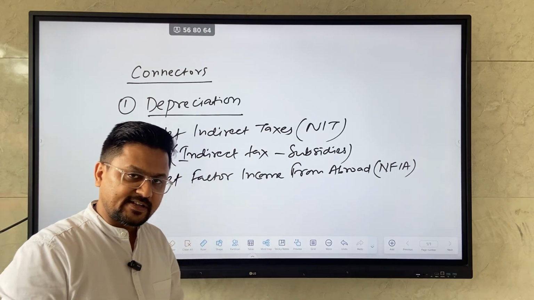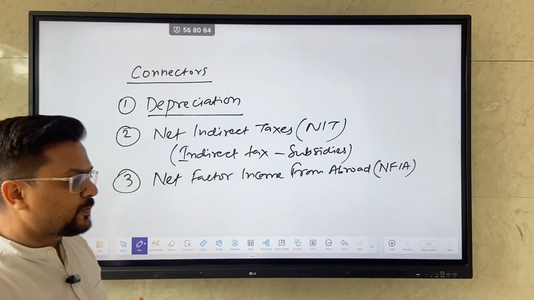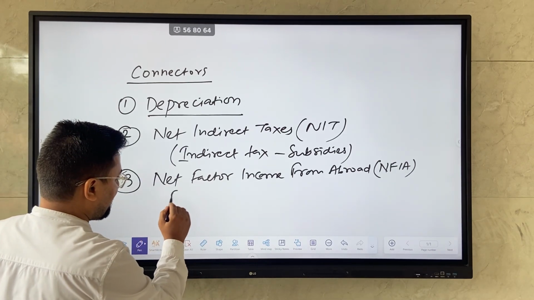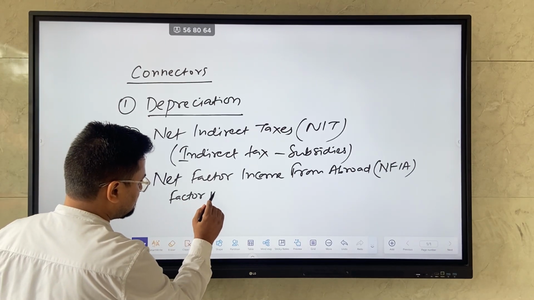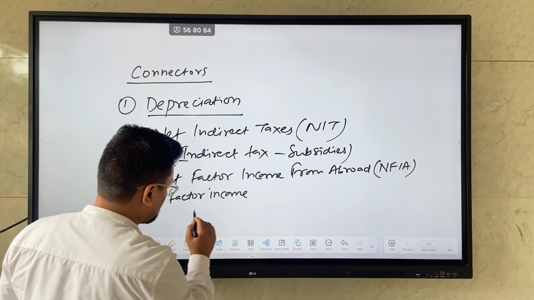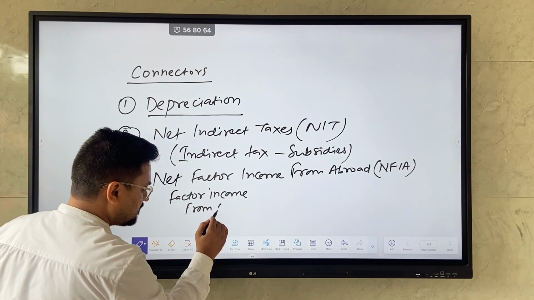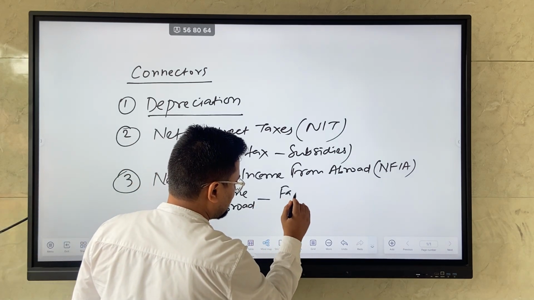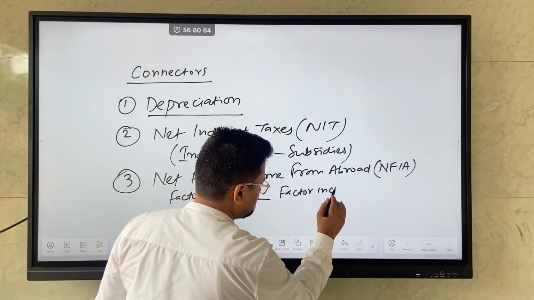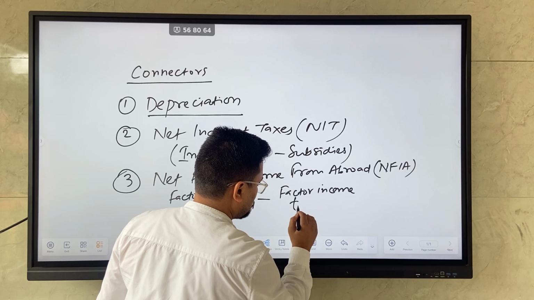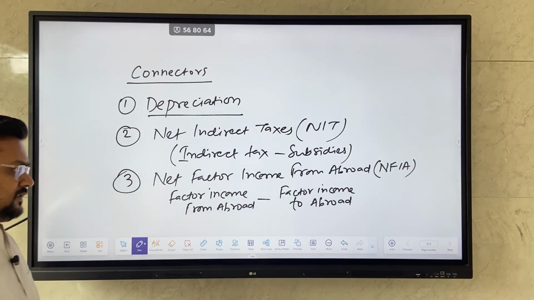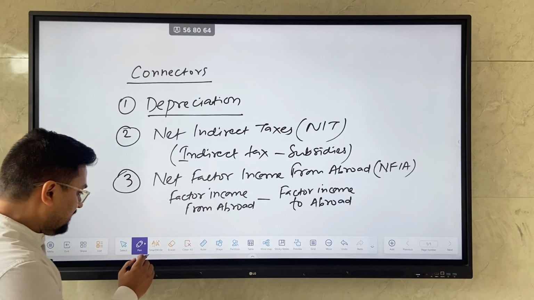In detail, we are going to study. But as of now, we will be seeing what it comes from. That is a difference of factor income from abroad minus factor income to abroad, right?